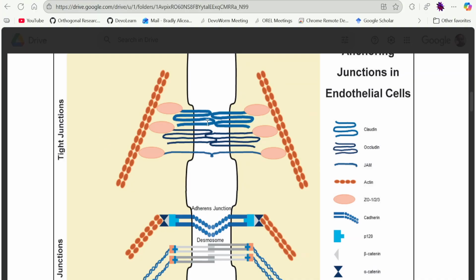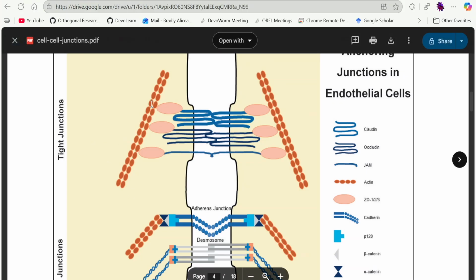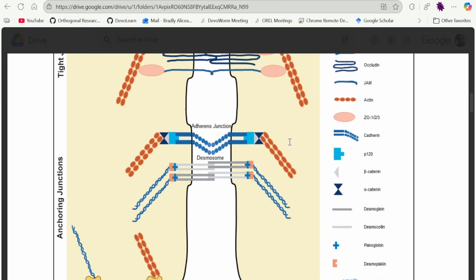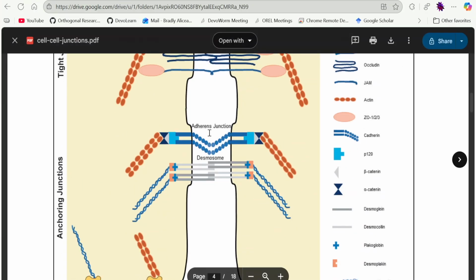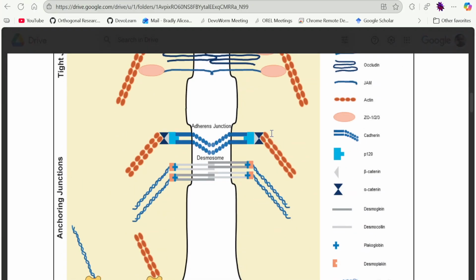So they make contact outside the cell body in the intercellular space. And I assume because this is actin, there's a lot of movement here. It's moving back and forth, or it provides this sort of motor on either end. And then this anchoring junction here, you have an adherens junction and a desmosome.